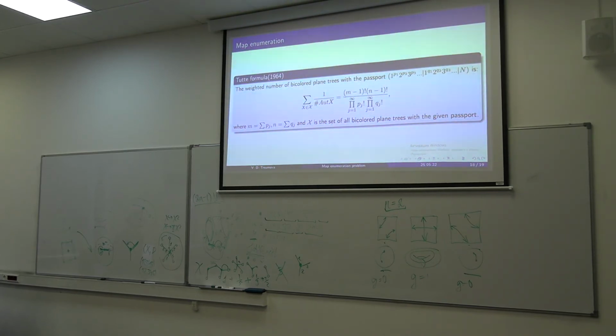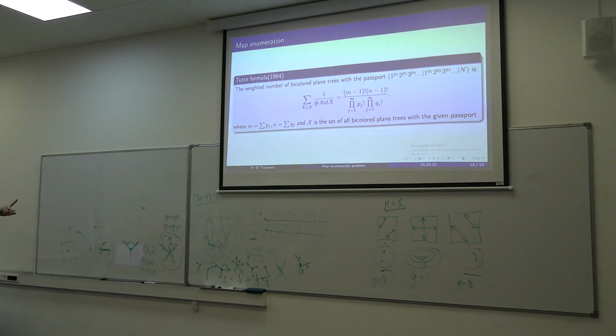We know the weighted number of bicolored plane trees. And the parameter here is the passport. Passport of the dessin is the valency of its vertices, black and white, and its maps. So here we see that there are P1 vertices of degree 1.